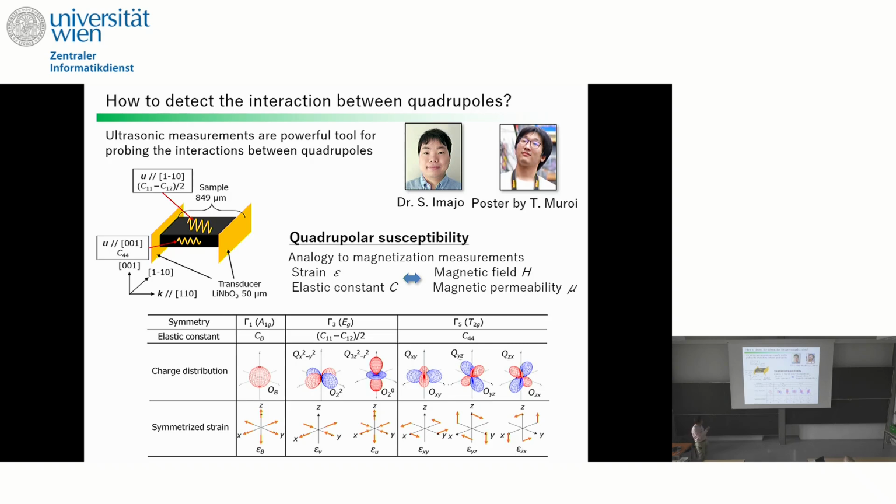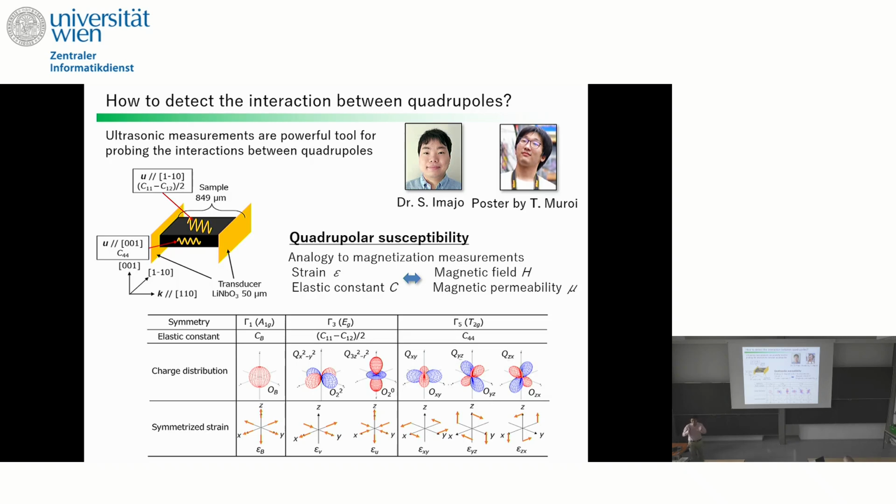We have a sample and attach a thin ferroelectric device, and by applying AC current, the ferroelectric device vibrates and produces ultrasound, propagating through the sample. On the other side, we have another ferroelectric device which converts ultrasound to AC current again.